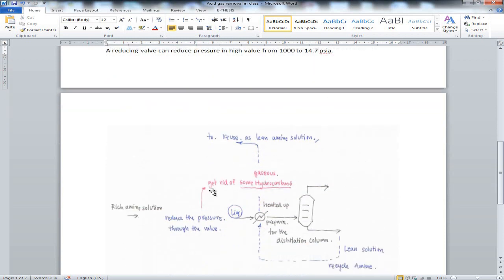And after that, the hydrocarbon will get out from the system. And this liquid will be prepared for the distillation column by being heated up, because later on we will know the boiling point of that. Okay.